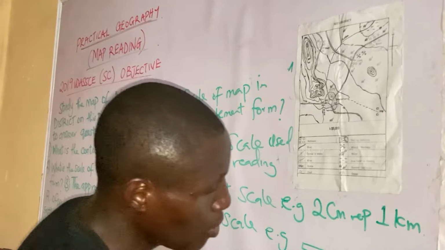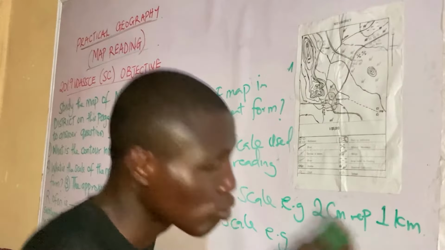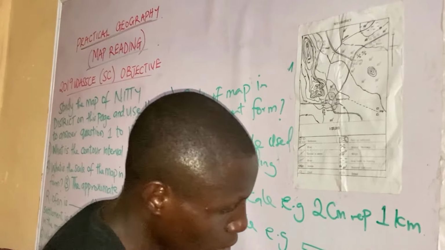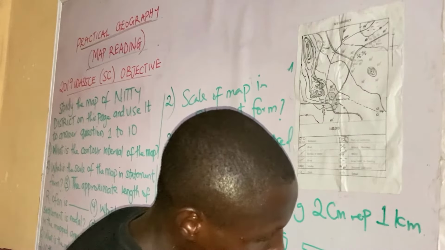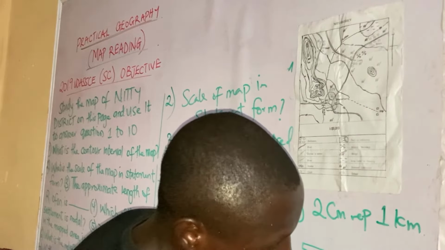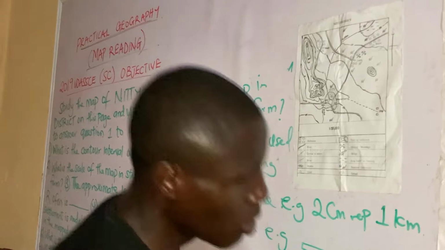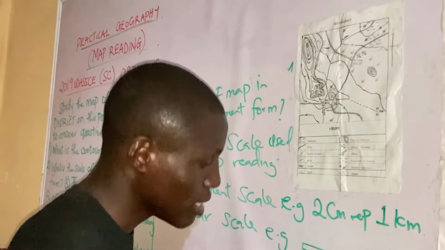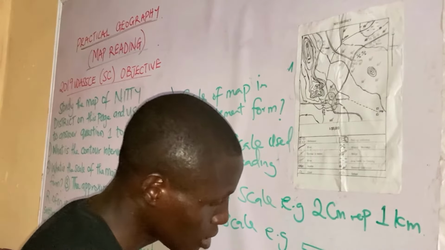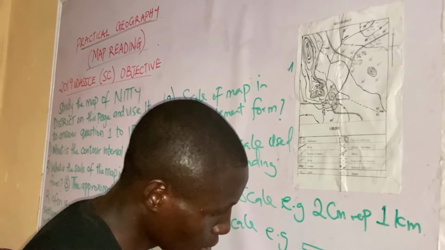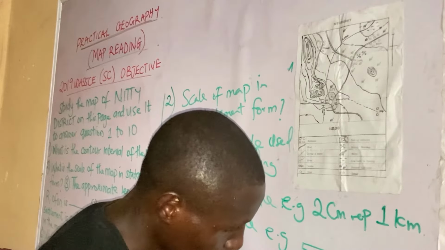For instance, in a linear scale we have 2 divisions. We have the primary division, which is the main unit that we use, and we have the secondary division.